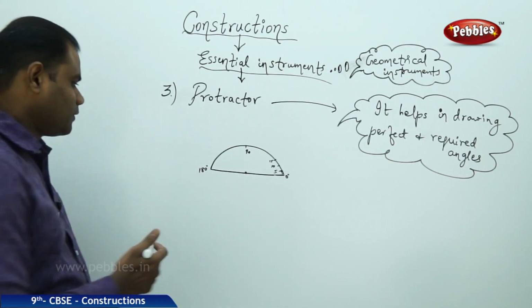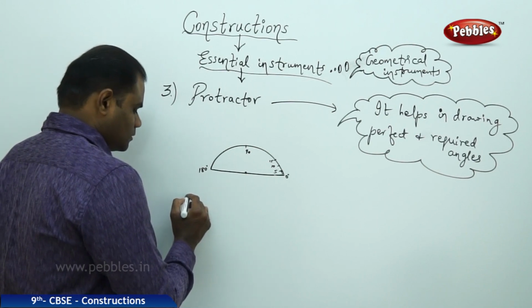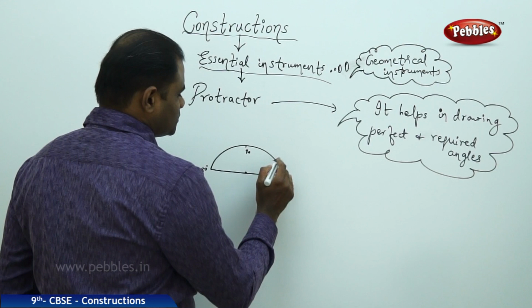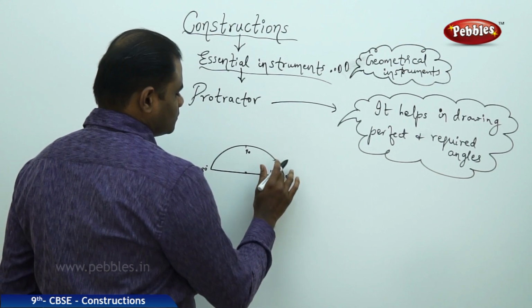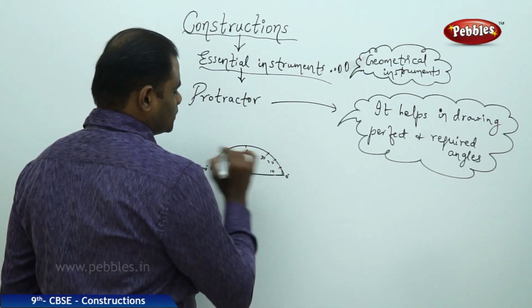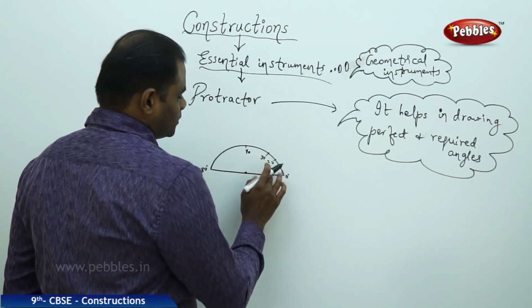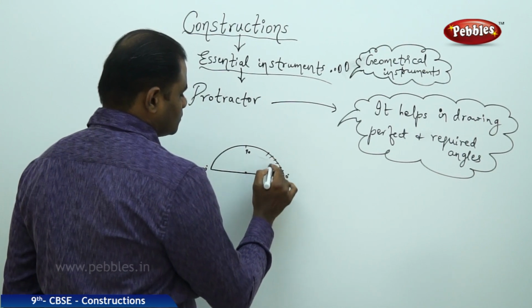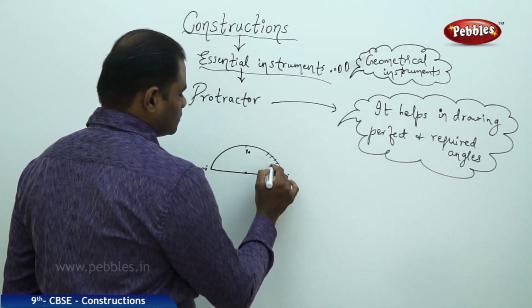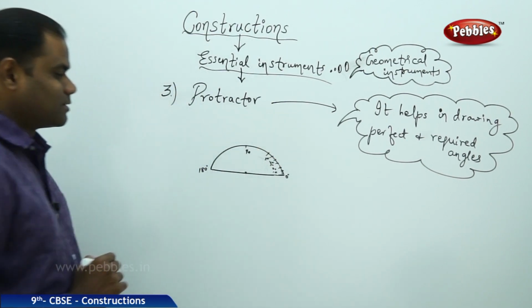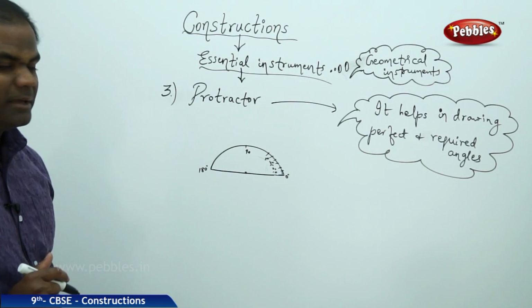So say I have here 10, 20, 30, etc., then I can make the desired angle.